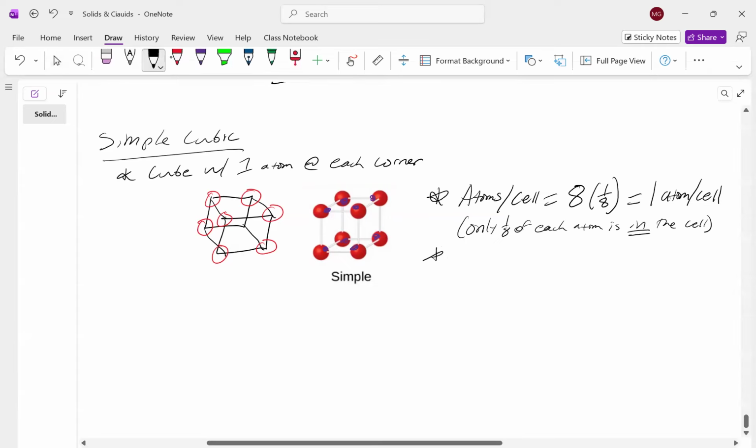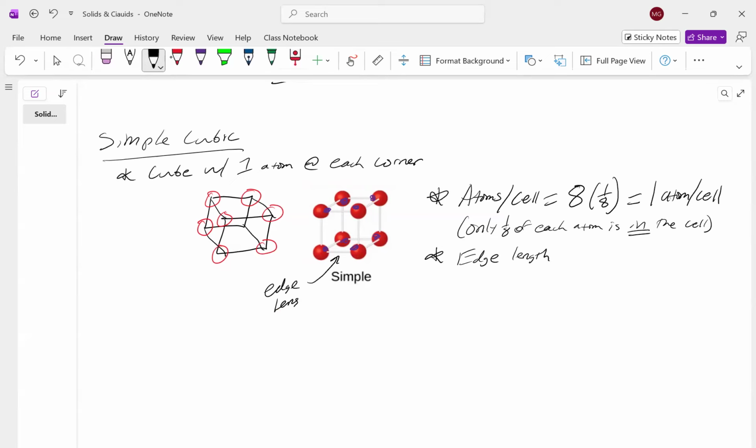Now, another important property to know is the edge length. So that's this here. And the edge length for a simple cubic is 2 times r, where r is the radius of the atoms involved.